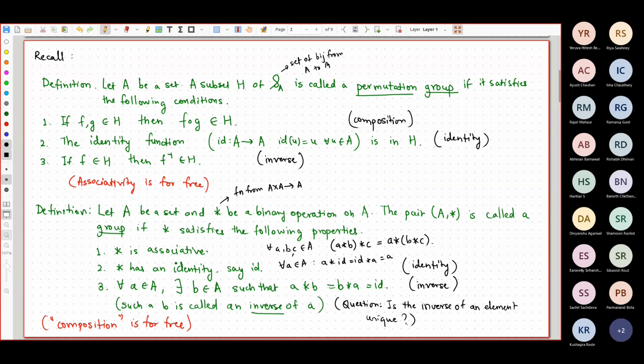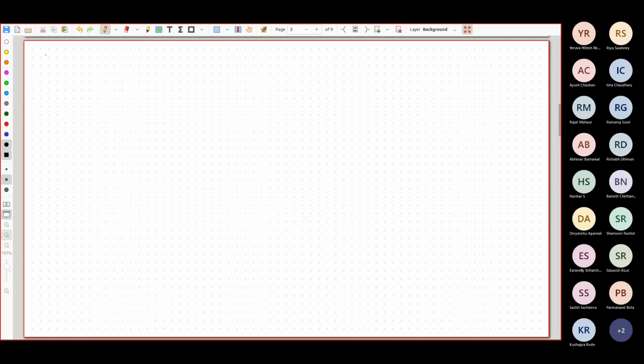Sir, suppose we have an element a and we have got two inverses b and c. We can take a composition and then I think we'll be able to show. It will take me a minute. Yeah, okay.